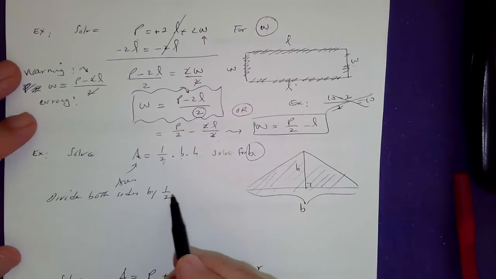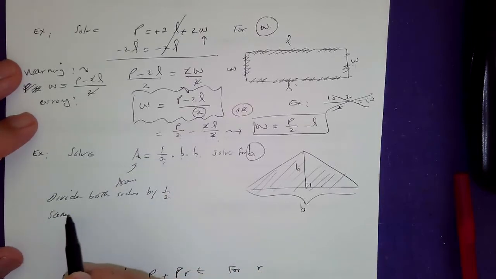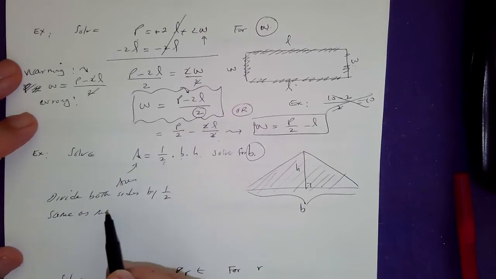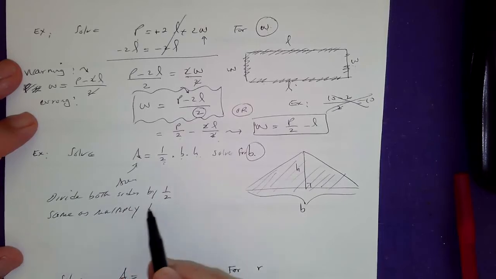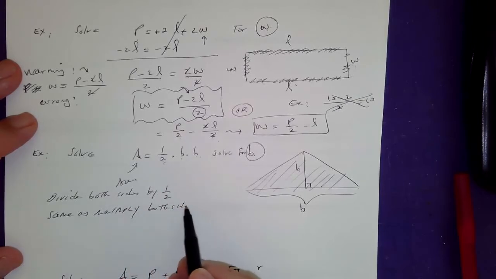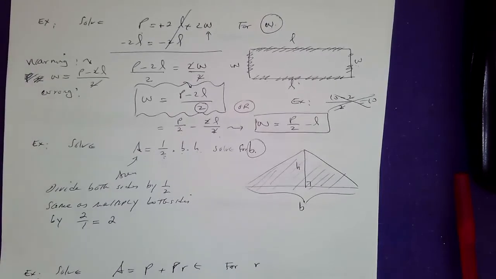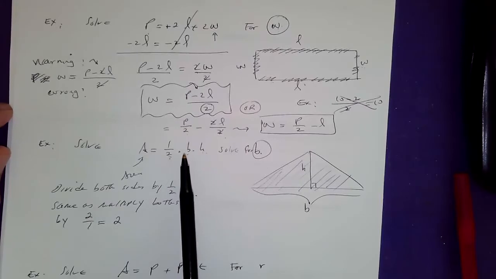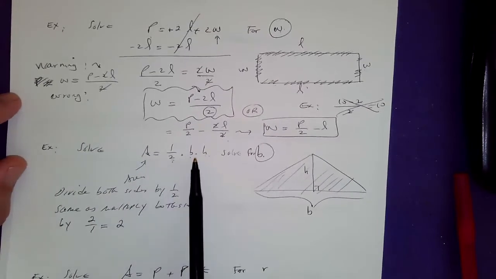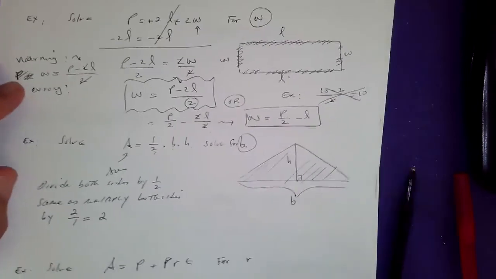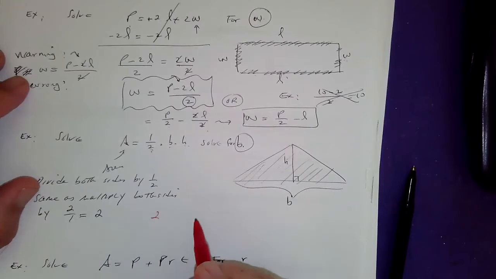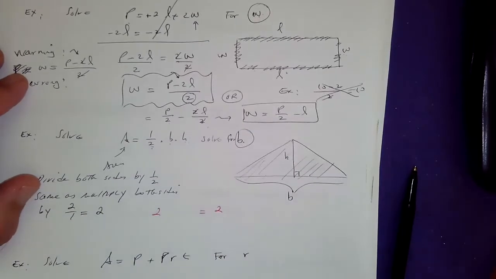But dividing by a fraction is exactly the same as multiplying both sides by the reciprocal of 1/2, which is 2 over 1, which is 2. So to say let's divide both sides by 1/2, that's exactly the same as let's multiply both sides by 2. So that's what I'm going to do. I'm going to multiply both sides by 2.